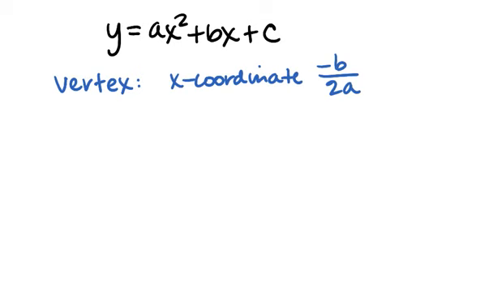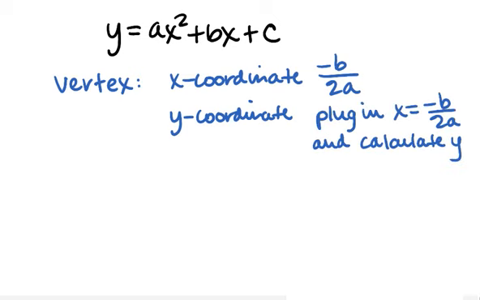So if you've got a friend in calculus, you could have them explain to you why that's the case. But basically, it's going to be at the point where x equals negative b over 2a, the slope will be 0. It'll be flat there. And that's what happens at the vertex, is that it flattens out and then it goes on and does its thing. And we find the y-coordinate by plugging in negative b over 2a in for x.